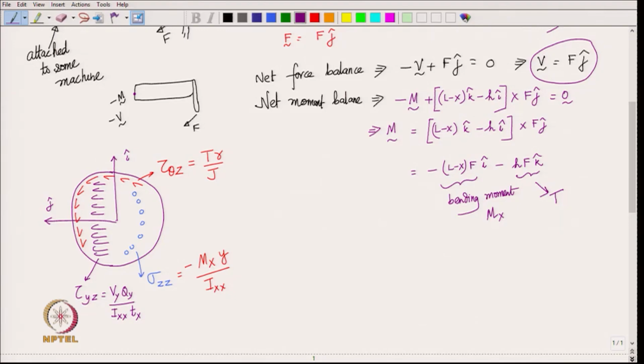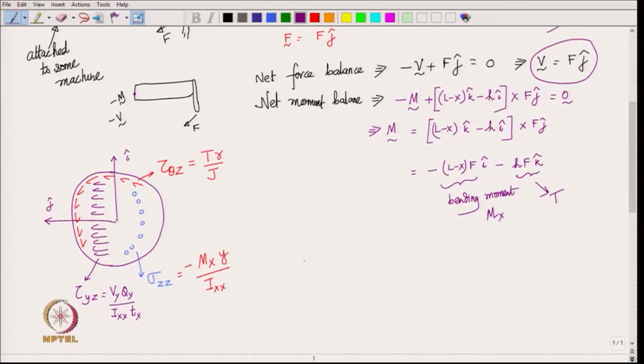So, if we look at the total stress matrix, we simply superpose all of them together, and then the sigma matrix in the cylindrical coordinate system, we have sigma equal to, see, the first step is always to get your sigma matrix at any point.